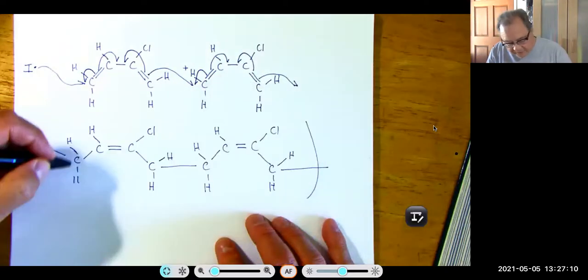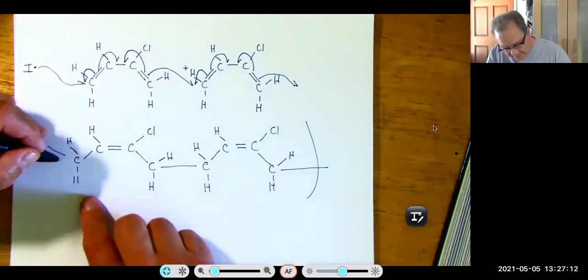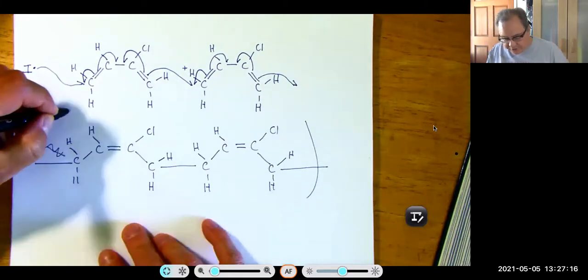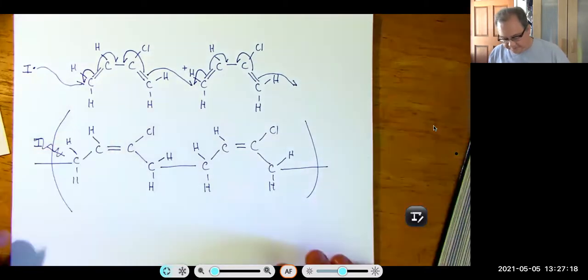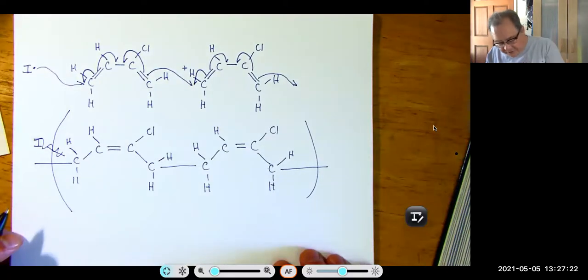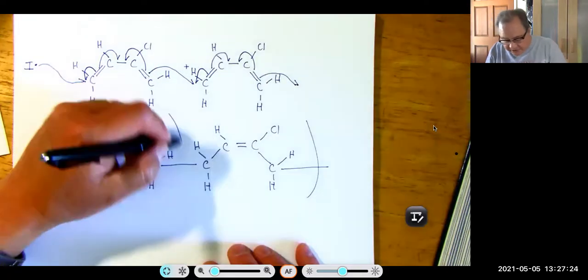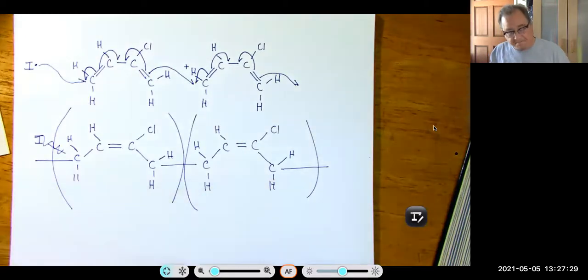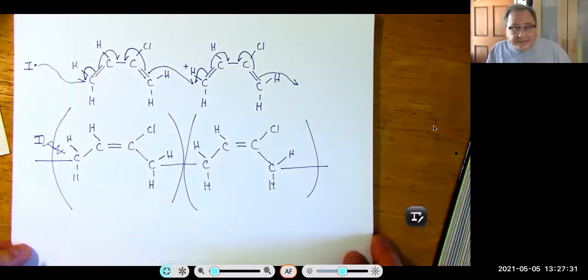And we're going to get rid of this initiator. And we're just going to put a line there. And this is two units put together. So can you see if I do this and this, we actually have two of the exact same thing. So that's how it happens.